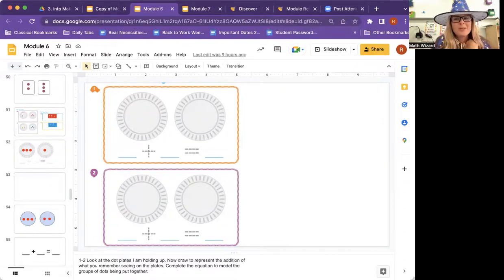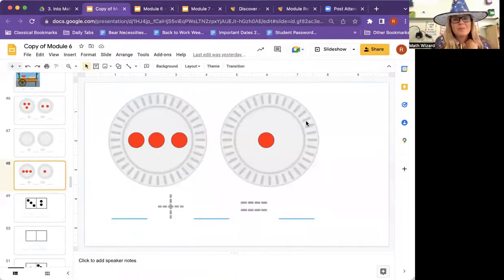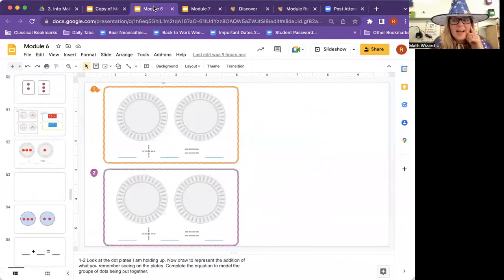For question number 2, here we go. Ready? Look at how many there are. Look at it. Okay. And then close your eyes. Can you picture how many there were? Can you picture? All right, so let's put those dots on there. How many did you see on the first plate?